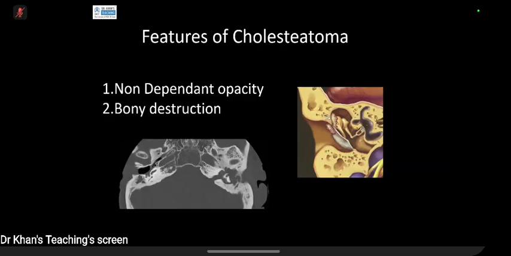But the principle is that you must have a non-dependent opacity with bony destruction. Please remember, bony destruction can happen in acute conditions like acute mastoiditis or acute otitis media, etc. So you have to be careful, and the clinical scenario will also be helpful.